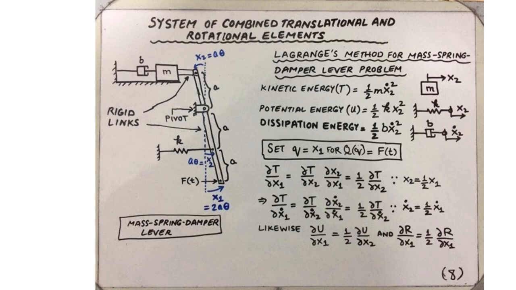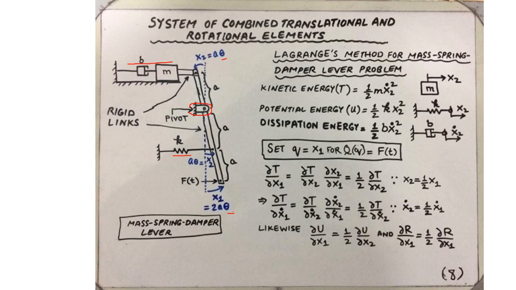The lever is pivoted over here, and it is demonstrating a rotational motion specified by the angular displacement theta. However, the other elements are primarily the translational motion elements, such as the translational spring, mass, and the translational damper.